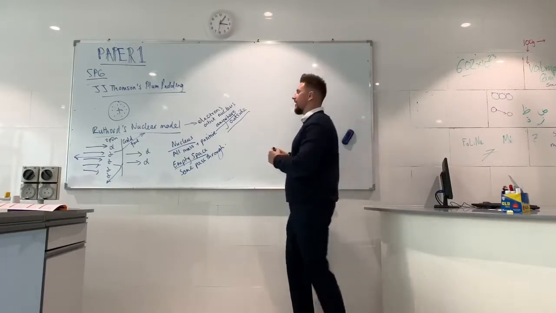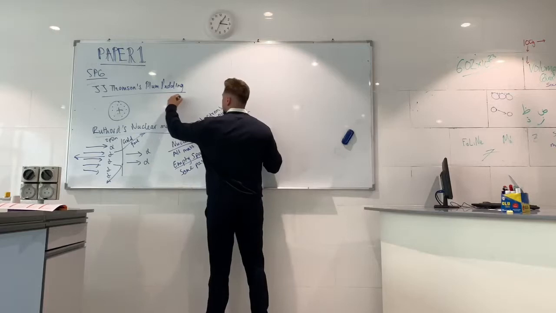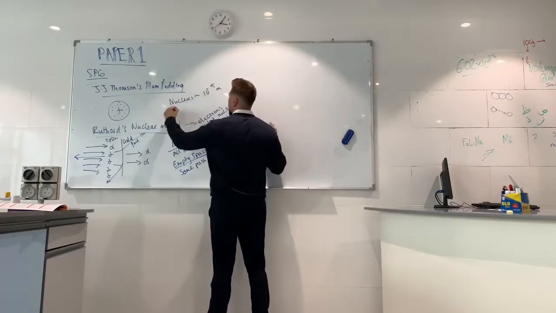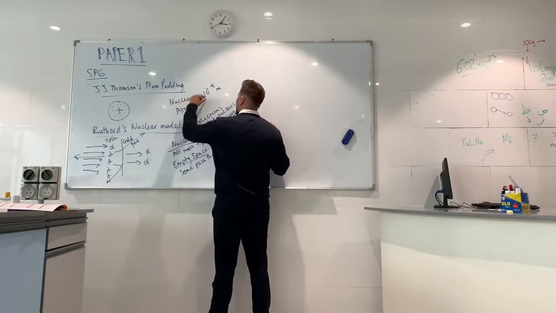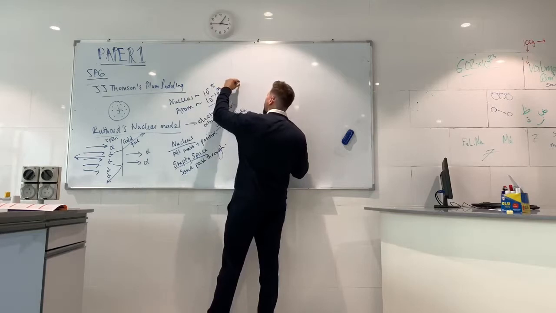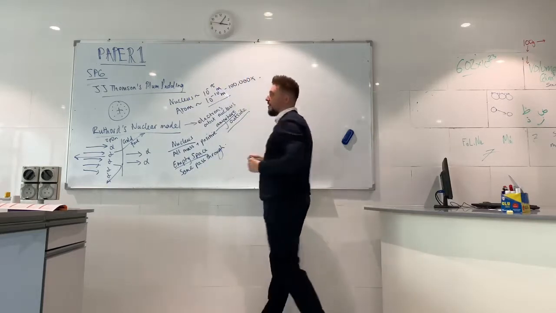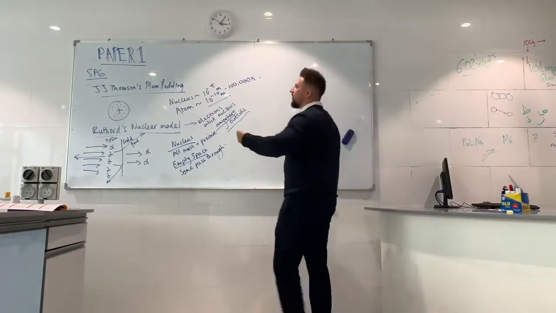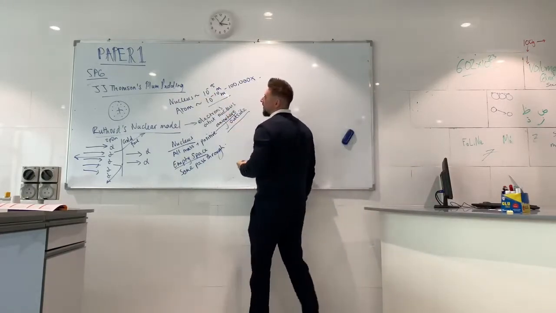The size of the nucleus, he said, is roughly 10 to the minus 15 meters, but the whole atom itself is roughly 10 to the minus 10 meters. That means the atom is 100,000 times bigger than the nucleus itself. You may see different values. You might get 1.2 times 10 to the minus 10 meters.